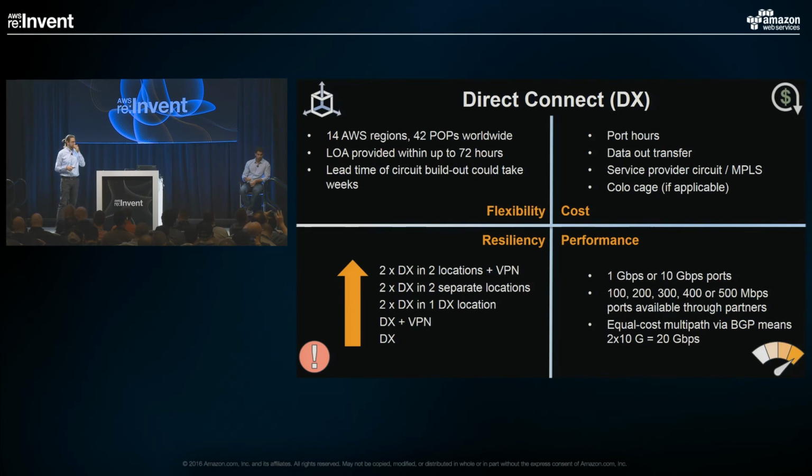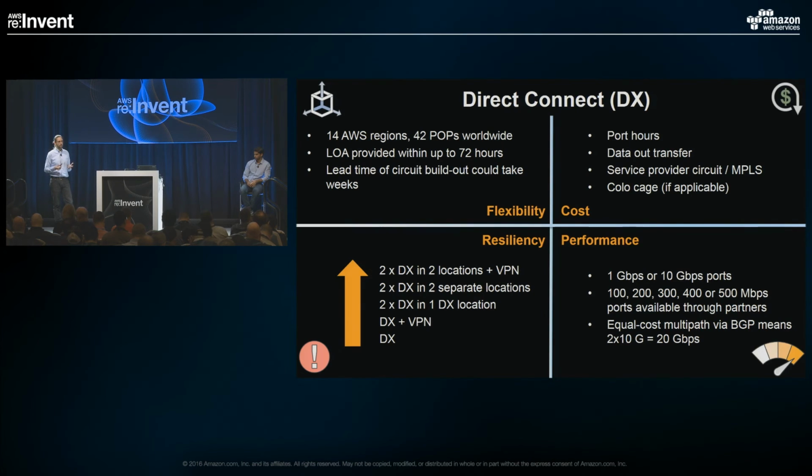You add resiliency by adding VPN or adding additional Direct Connect, or better yet, adding additional Direct Connect through a second location. Your cost will consist of the port hours, the data transfer based on usage, and any cost that's associated with building the presence in the colo or getting to the colo.